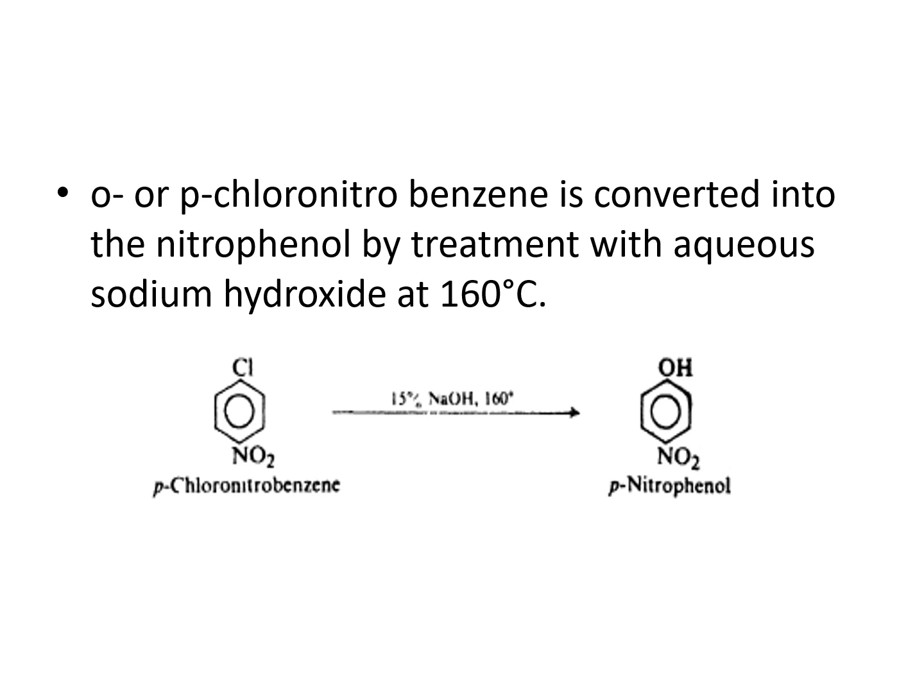When you treat this para-chloronitrobenzene with 15% sodium hydroxide and heat it up to 160 degrees Celsius, the reaction occurs. On the other hand, if we simply try to heat chlorobenzene with sodium hydroxide, this reaction will not happen.